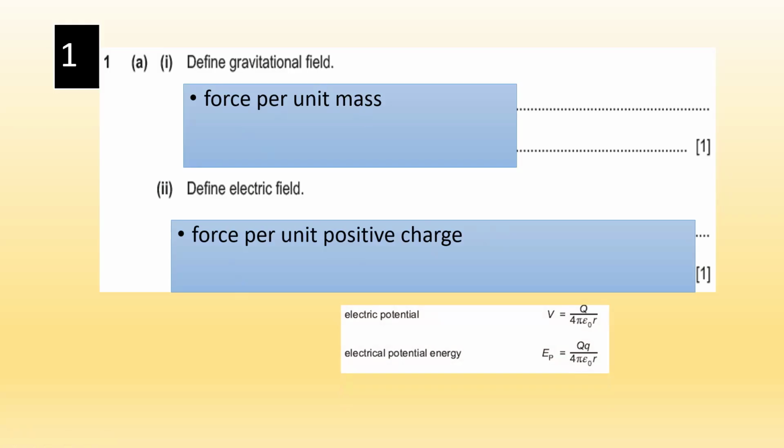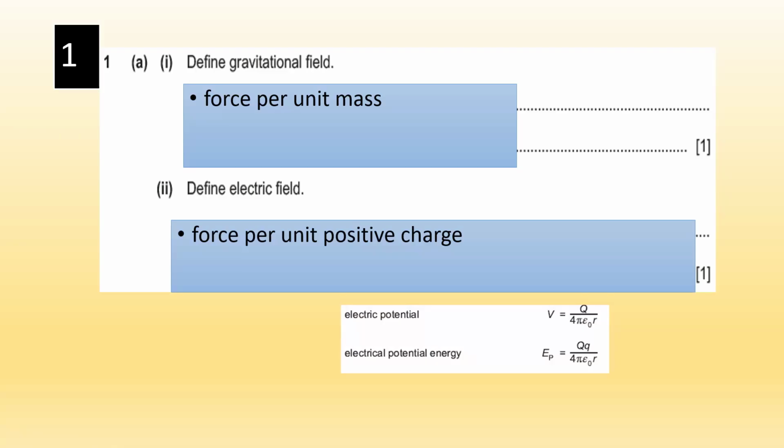Previously, gravitational field would be a region in space where mass experiences a force. Electric field, the same thing: a region in space where positive charge experiences a force.